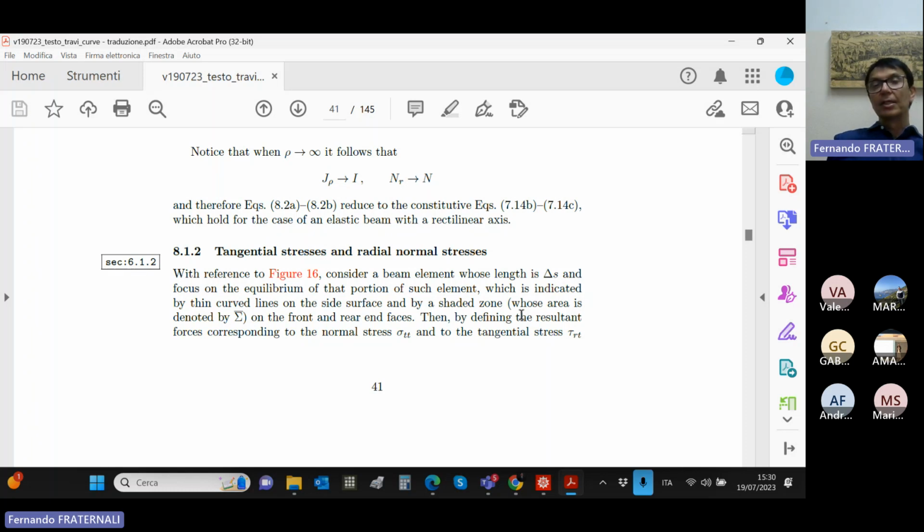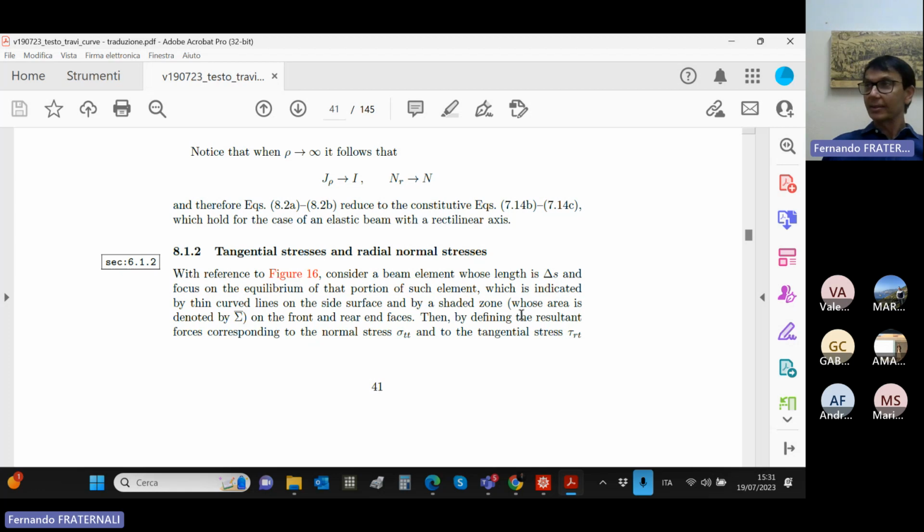So for these quantities, basically we are not using the constitutive equations, because the classical beam theory assumes that there is no warping of the cross section. So it means that the tangential stress should be constant over the cross section.